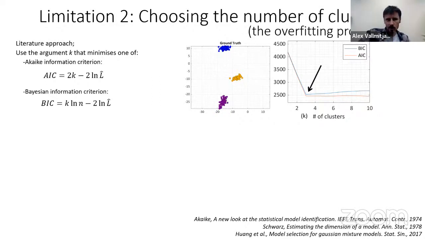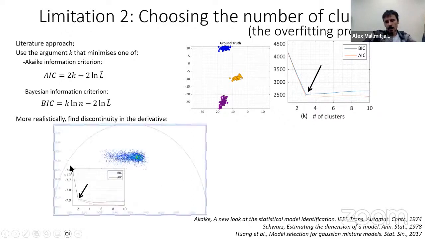The computer doesn't distinguish that concept. So some people have tried to come up with mechanisms to penalize the number of clusters, so that the system tries to model the best fit while keeping the number of clusters really low. These numbers will give you a minimum, which is supposed to indicate where the right number of clusters is, in this case 3.